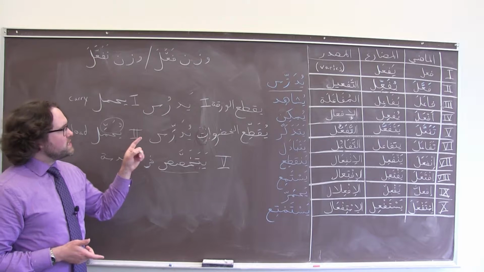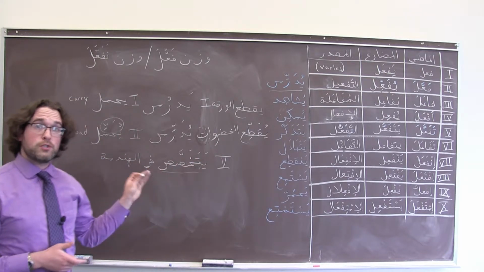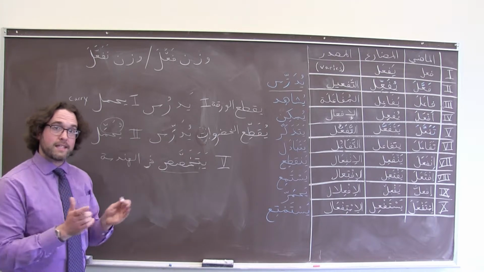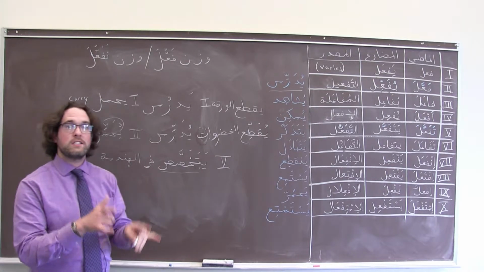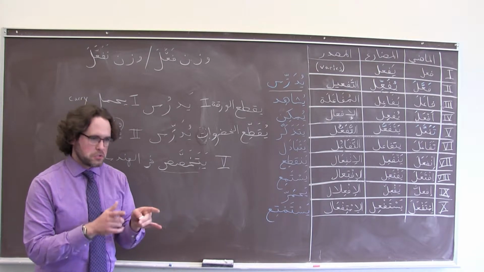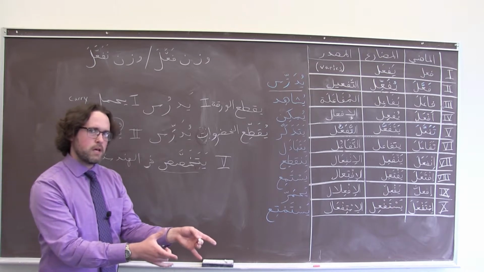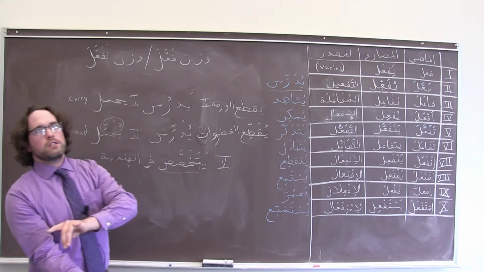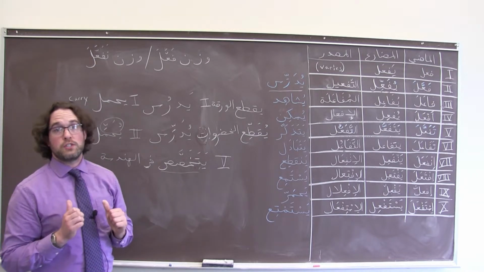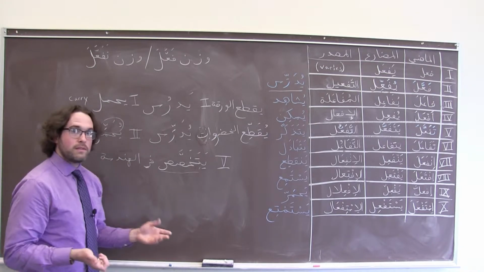Often, we see sort of matching pairs of form 2 and form 5 verbs that work together so that we can express those shades of meaning. Sometimes you want to talk about something with an object, changing another thing or another person. Sometimes you want to talk about internal changes that happen to or within oneself.